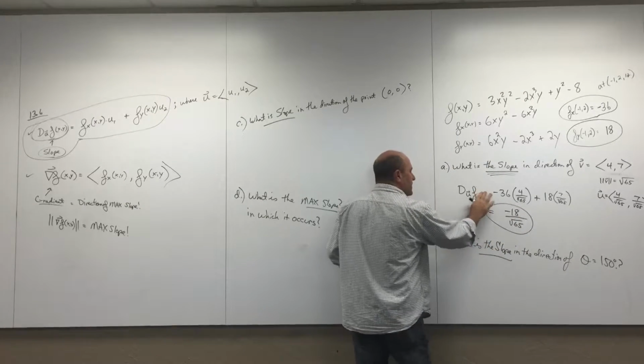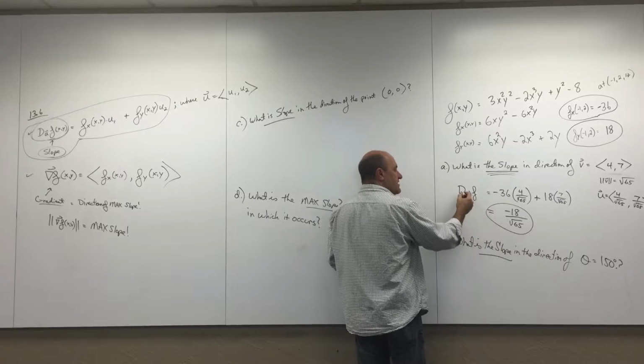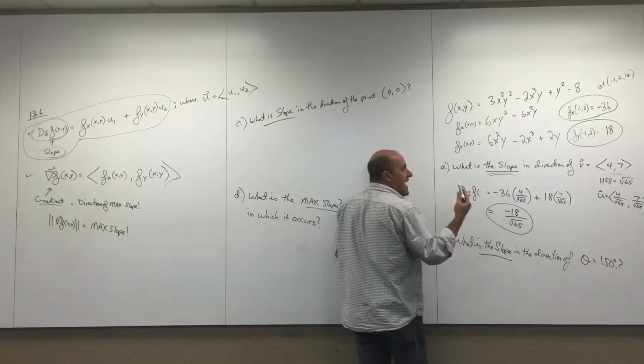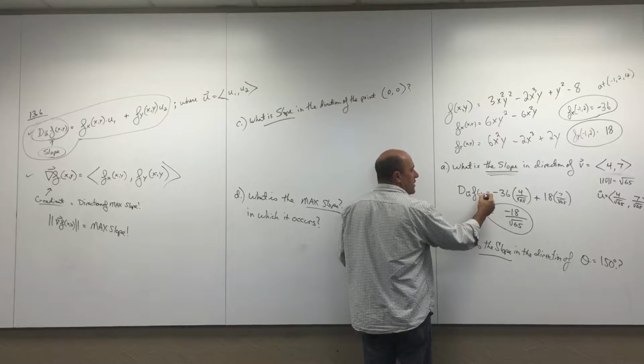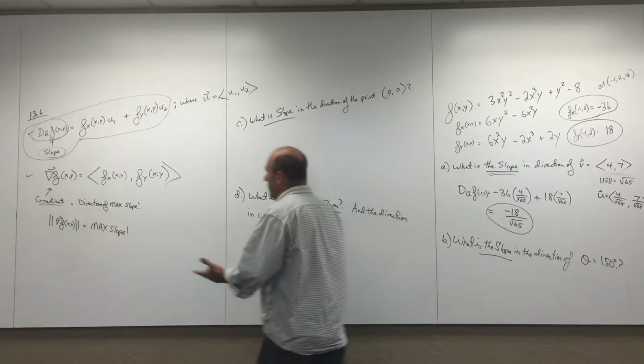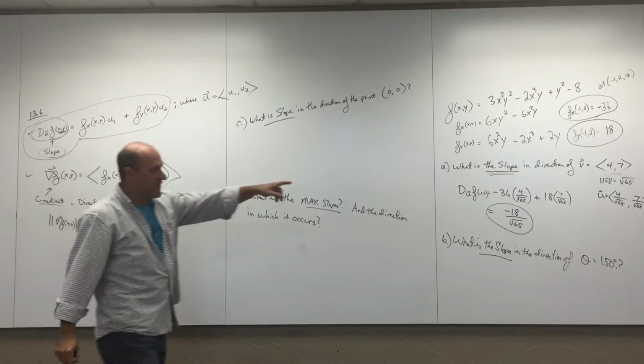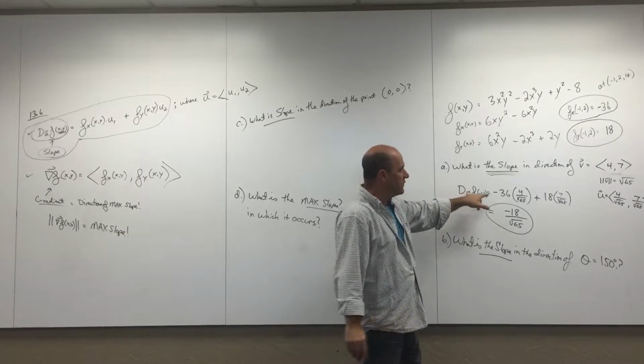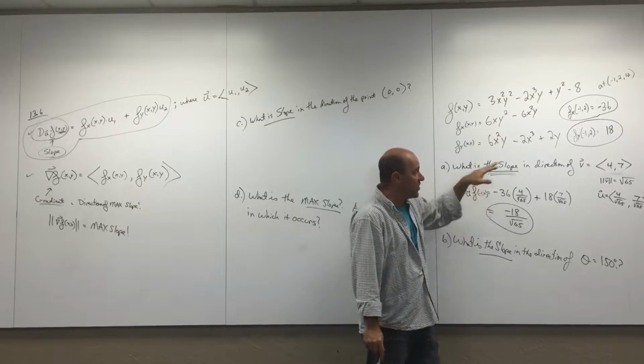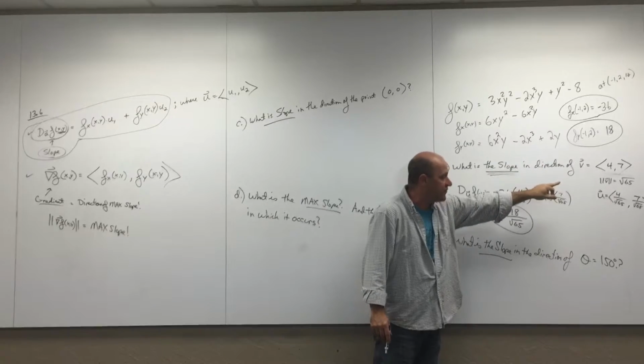That's my slope. I should go back here and be a little less sloppy. This is my Duf evaluated at the point negative 1, 2. I mean, this is my Duf at any x, y. This is my Duf evaluated at the point negative 1, 2. Not only that, it's also in that specified direction.